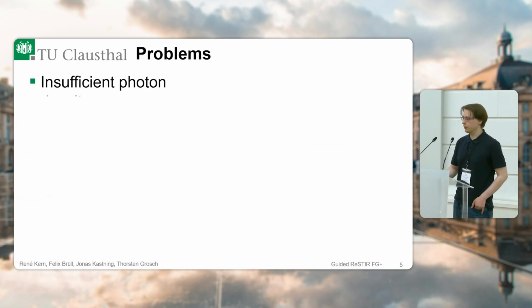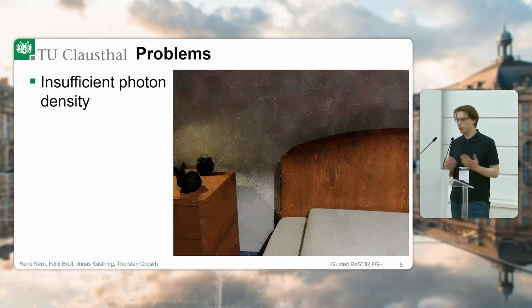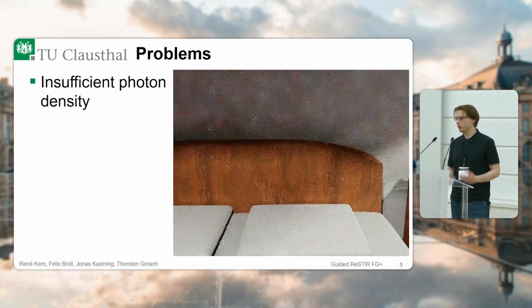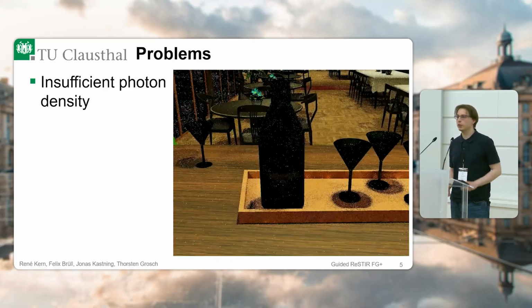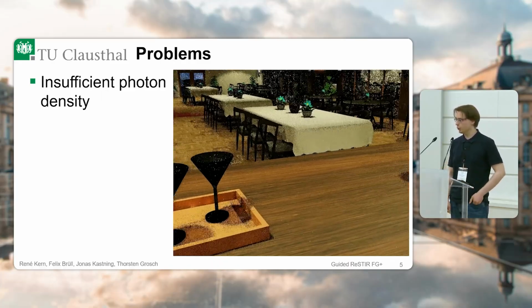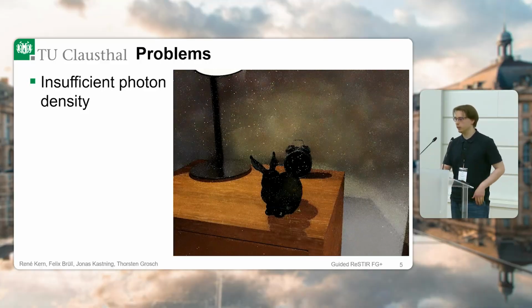One of the problems was insufficient photon density. For example, on very large scenes with many lights, we cannot trace enough photons in real time, and this causes correlations, as we have a few photons that are very bright. But also, we can't find any caustics, as the density is not high enough.